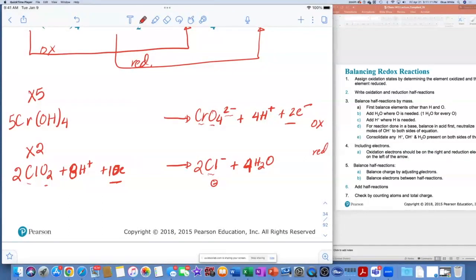And then here, times 5. 5, 5, 20, and then 10. Okay, did I do this correctly? 5 Cr, 5 Cr. 5 times 4, 20 O's. 5 times 4, 20 H's. 20 H's, right.